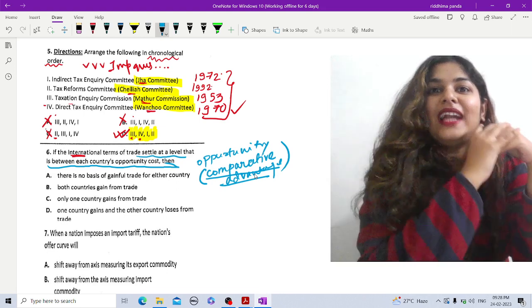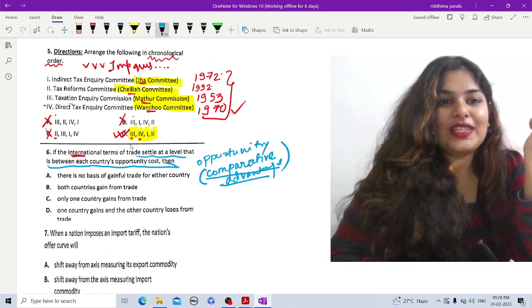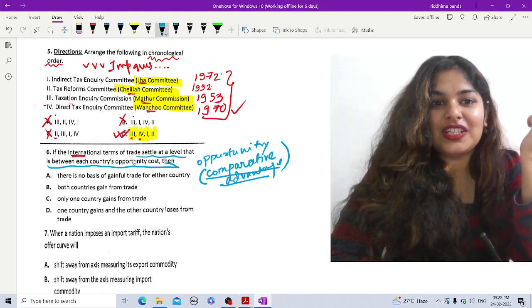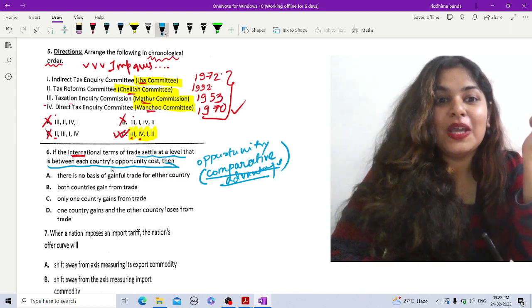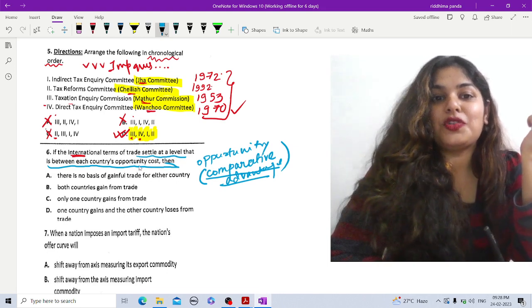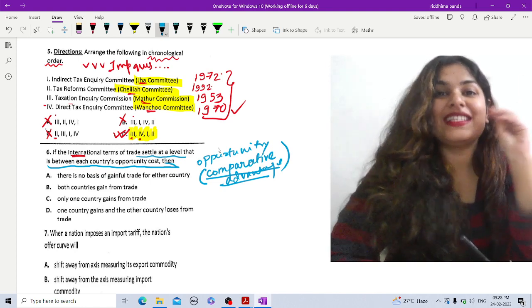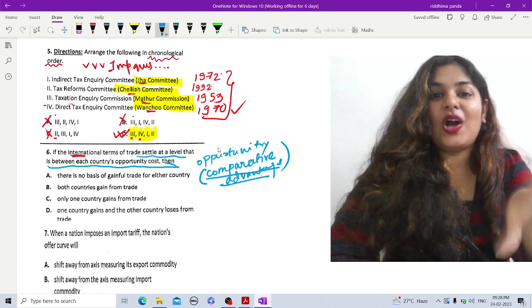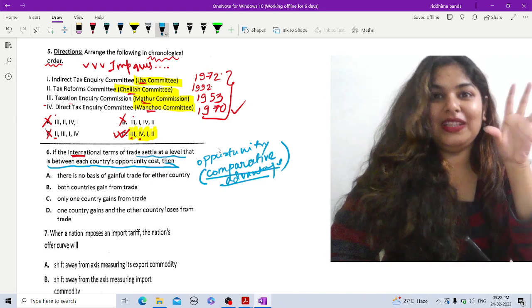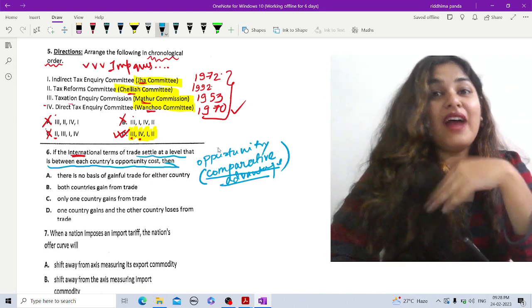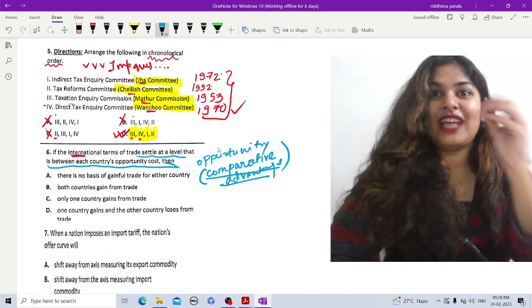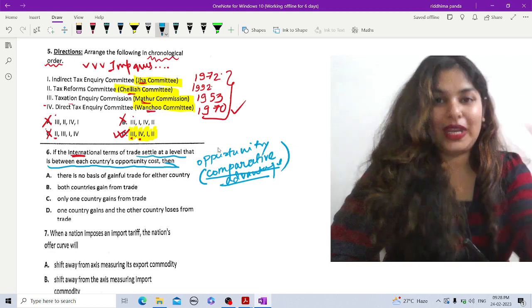Okay, so that means what? Here the question says if the international terms of trade settle at a level that is between each country's opportunity cost. Now one of the very important things about this is that it is said according to comparative advantage theory that both countries should have different opportunity costs and then only they can gain from trade, right?